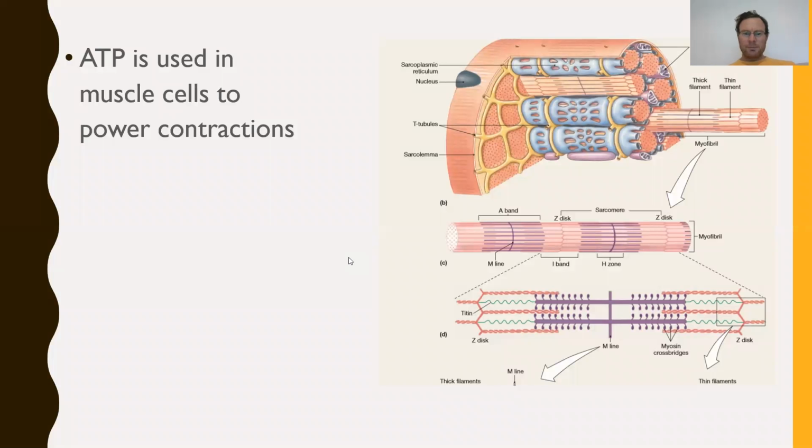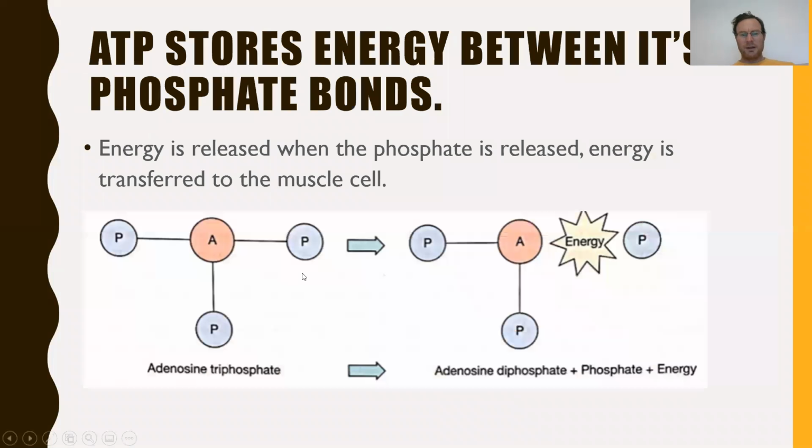So adenosine triphosphate then is our body's energy currency. So where we have carbohydrate, where we have fats, where we have protein, in order for our body to use those fuels, it has to be converted into this substance, adenosine triphosphate.